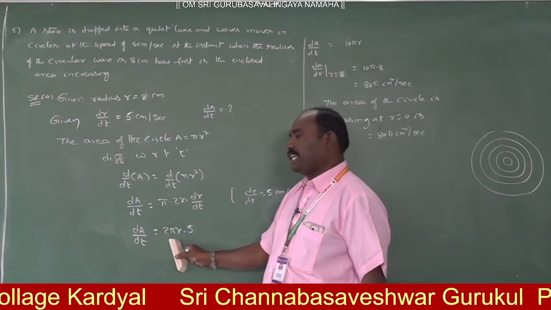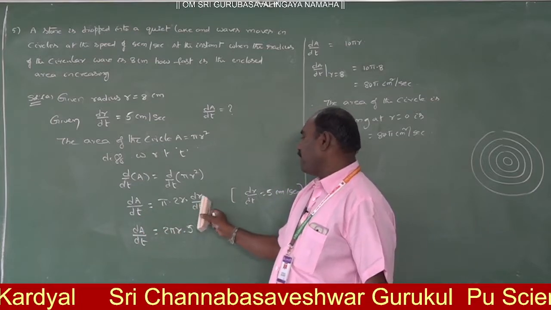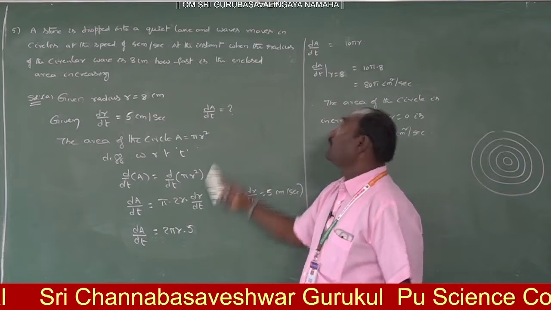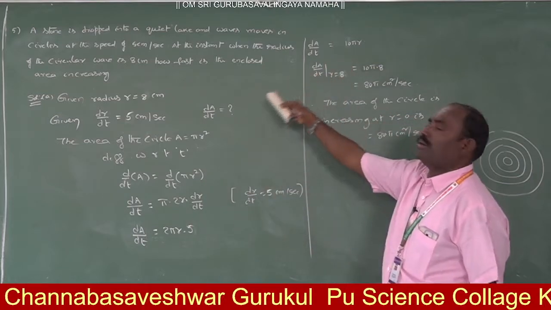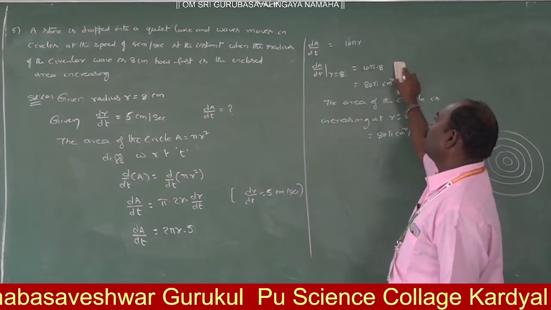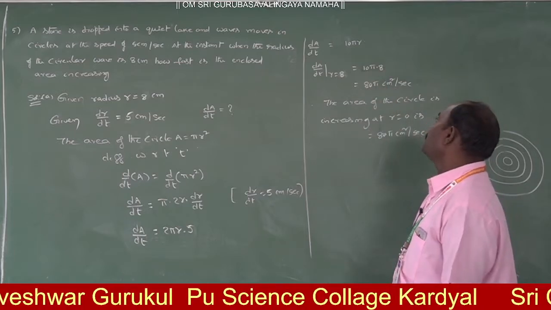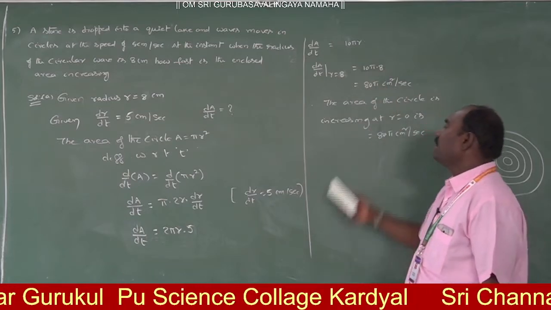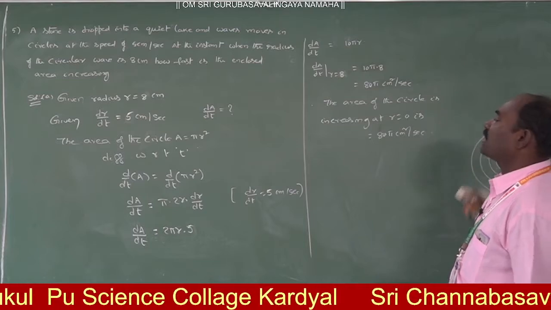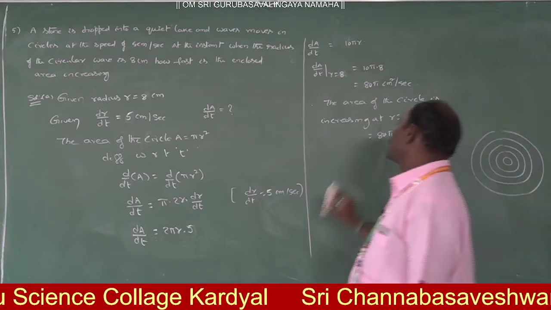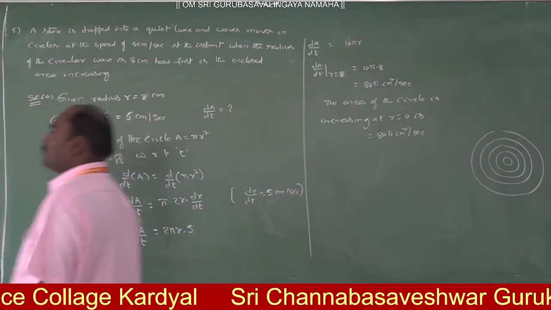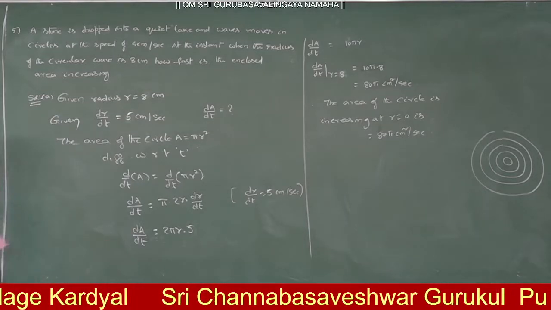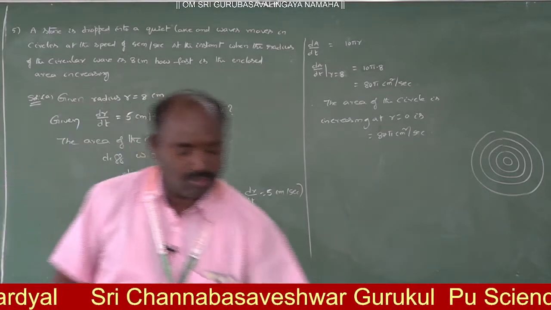So dA by dt equal to 2 pi r into dr by dt, where dr by dt equal to 5, that is 10 pi r. Here r equal to 8, 10 pi into 8, that value equals 80 pi centimeter square per second. Therefore the area of the circle is increasing at the rate of 80 pi centimeter square per second when r equal to 8.